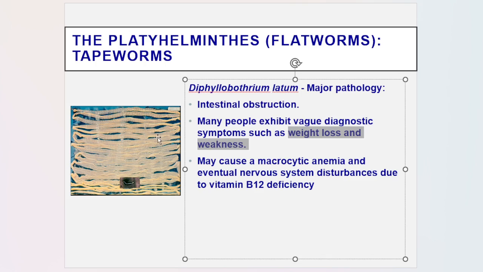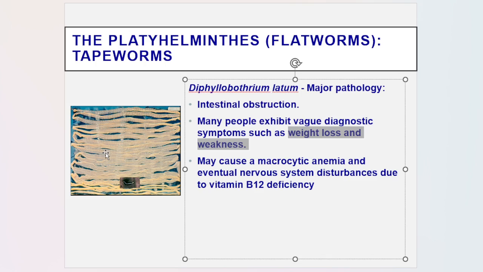Bakit kaya? Because take note guys, a 15-meter long parasite takes up so much space in your intestine. That's why it cannot function so well. And take note, they do not have a digestive system. So what will happen? They will compete for the nutrients present in the small intestine.